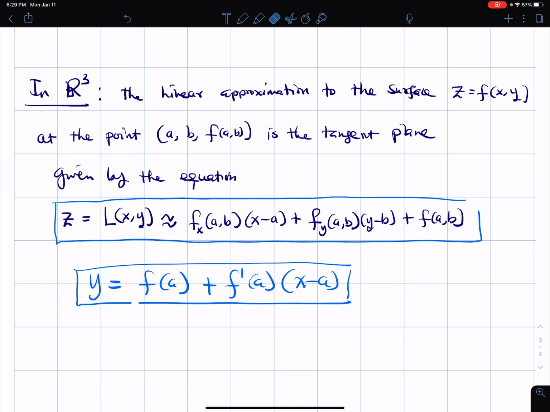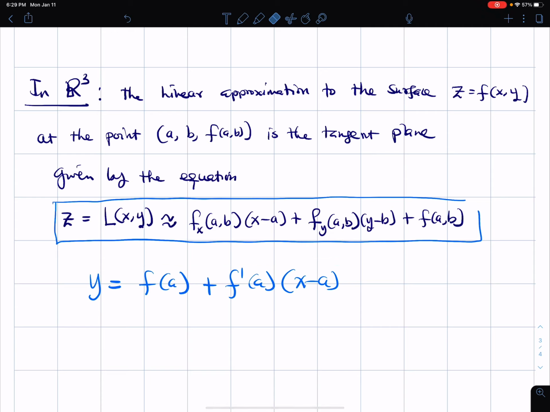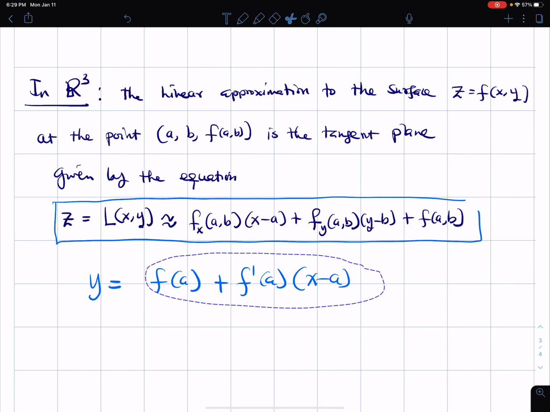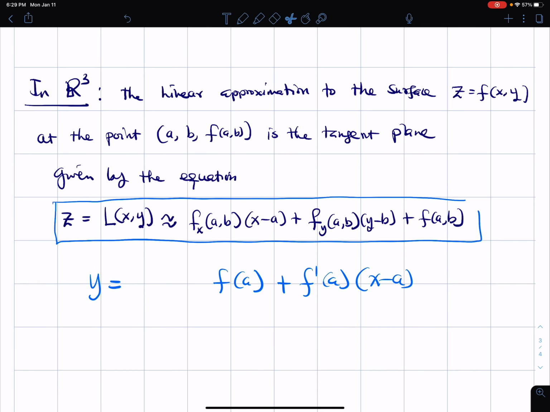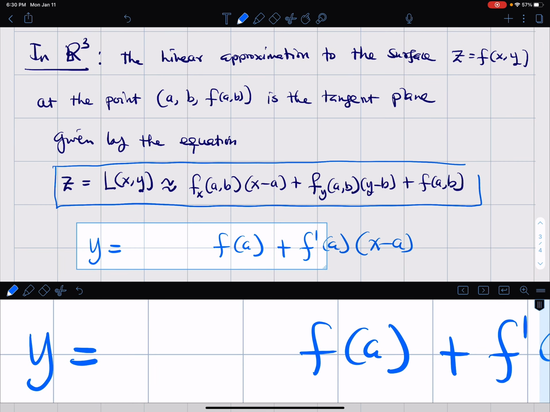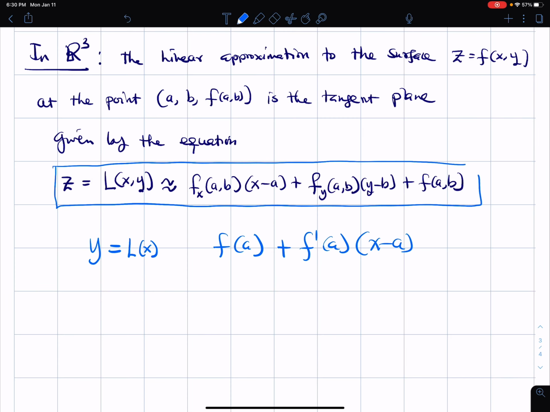Assuming we rewrite this, instead of just y, as a function L of x, right?